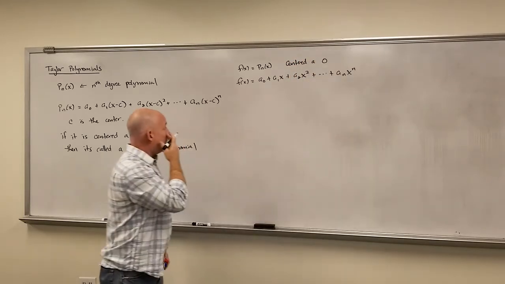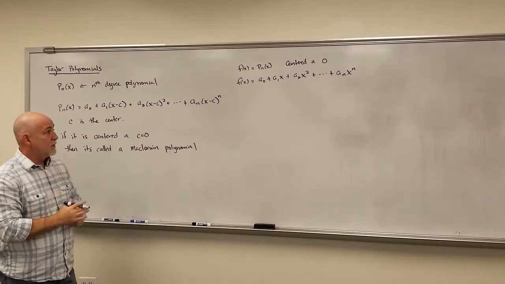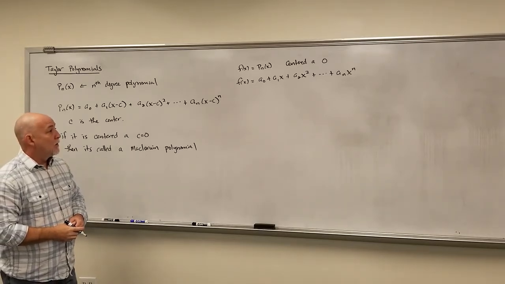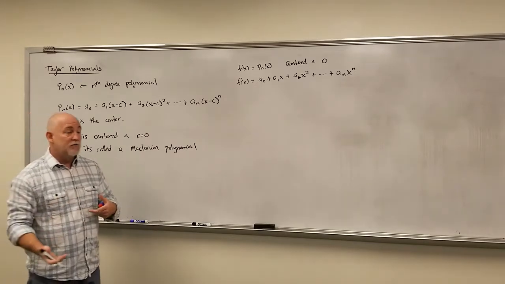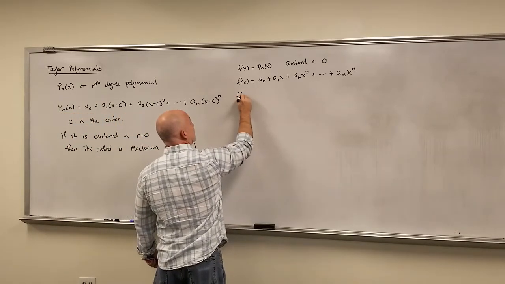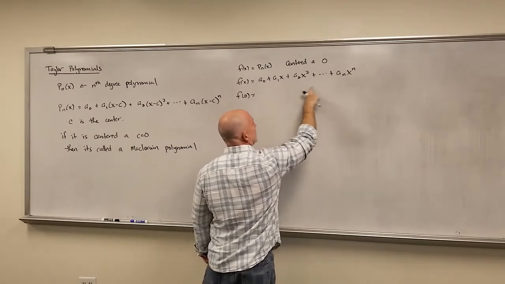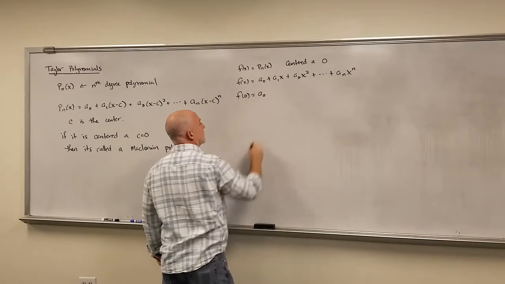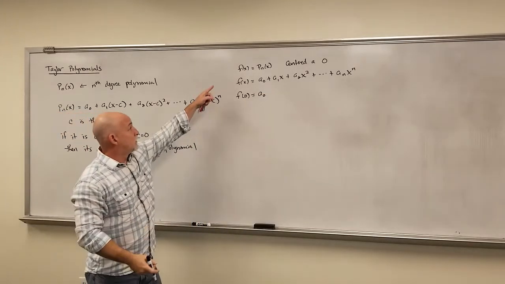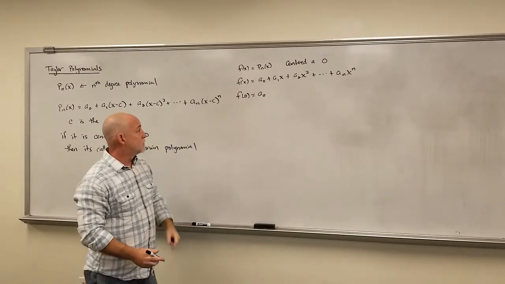Okay, now remember when I first drew the picture, the easiest approximation would be if we just had the function value matched there. So I need this thing at the center, which I said was 0, to be equal to this side. If you put 0 in everywhere there's an x, you just get a0. So we actually know what a0 is now, right? Remember, we know what the original function is that we're trying to model. We can evaluate that at 0, so we know what our first term is.